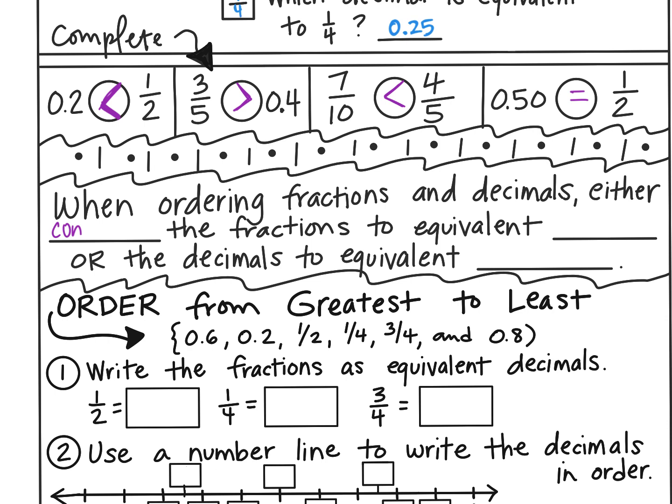I either want to convert the fractions to equivalent decimals, or I want to change the decimals to equivalent fractions. It's whatever you prefer. If you absolutely love fractions, then change all your decimals to fractions. Me personally, I like to change my fractions to decimals because I like to stack them and then order them. It's just the way my brain works. But I want you to choose what you like and what works best for you. All right.